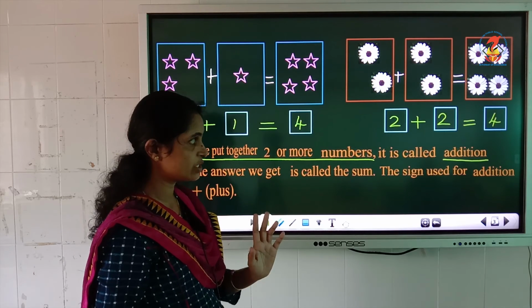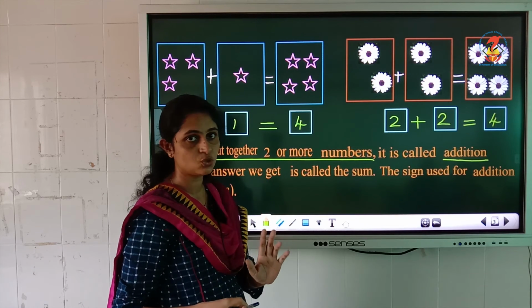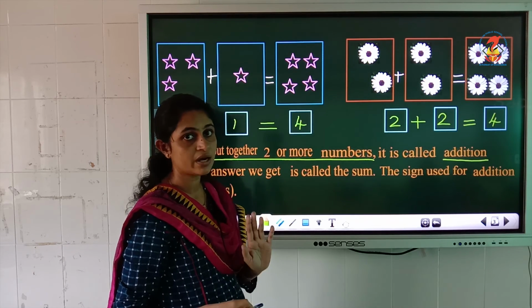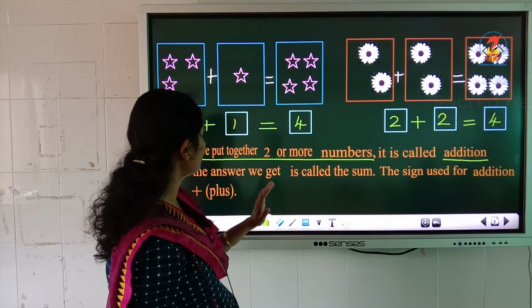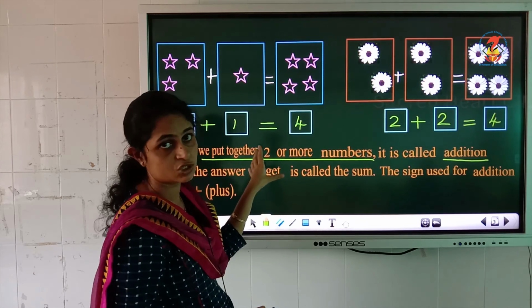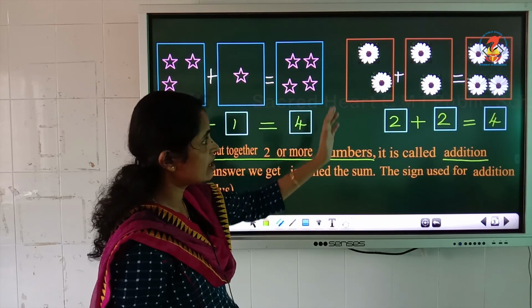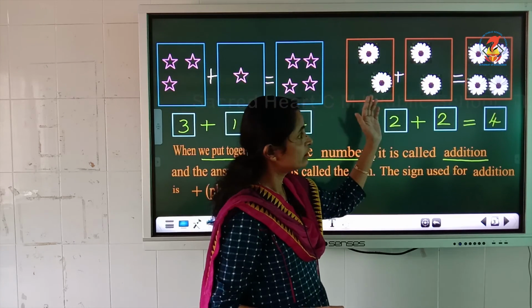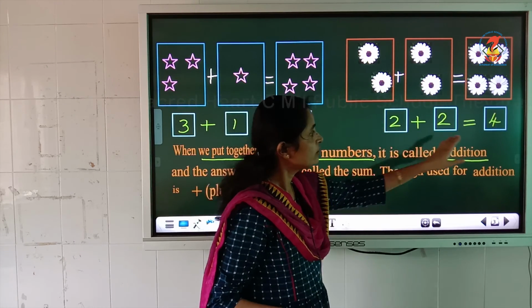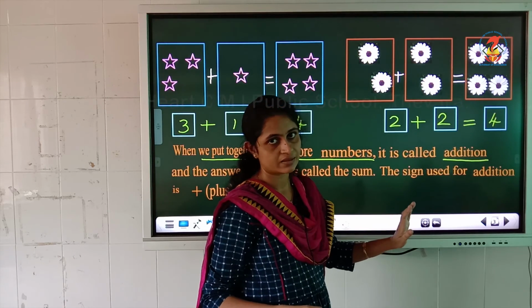That is, in the first question when we added 3 and 2, we got 5 as our answer. In the second example, when we took the stars together, we got 4 as the answer. And in the last example, when we put together the flowers, we got 4 as the answer.